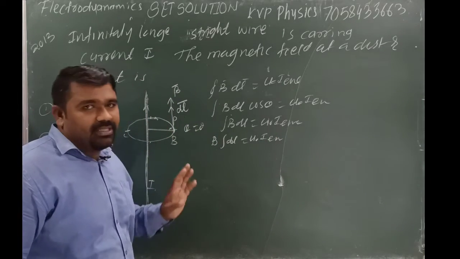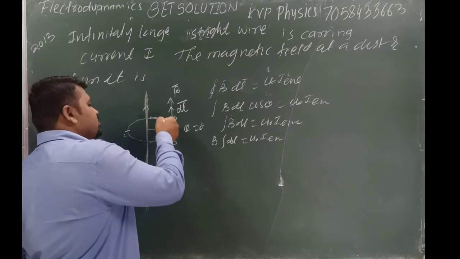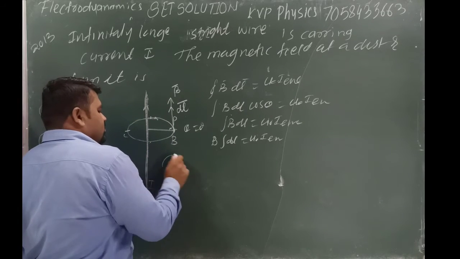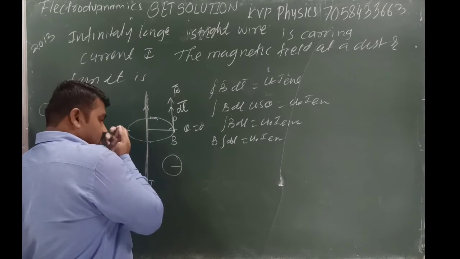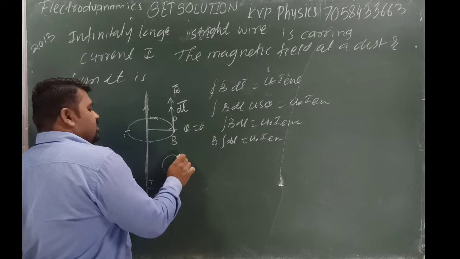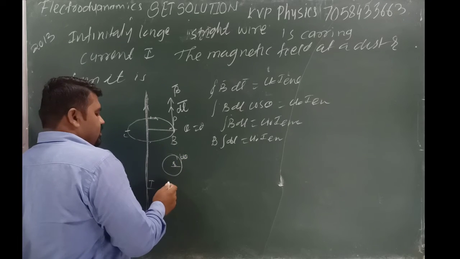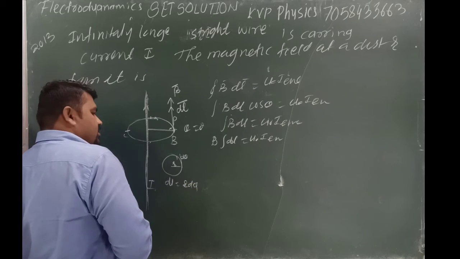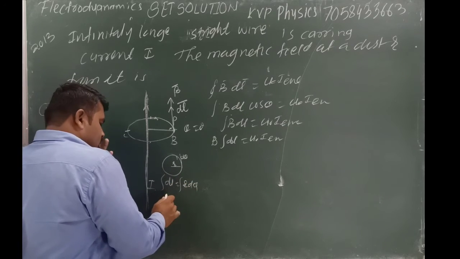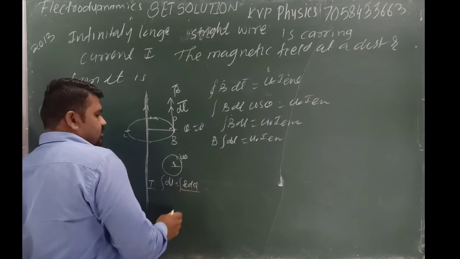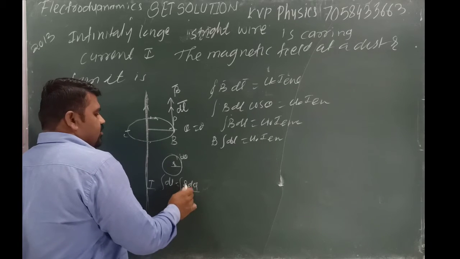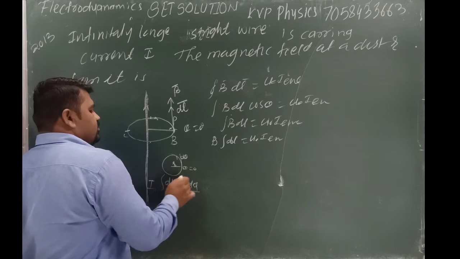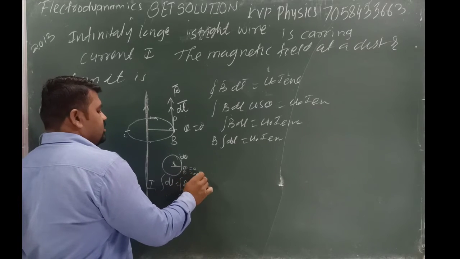First we solve the left side. dl is the length of this circular loop. Here R is a constant and the angle is d theta, which means the length dl is equal to R d theta. The integration of dl is the integration of R d theta. R is constant, so take it common out, and theta varies from 0 to 360, which becomes 2 pi.